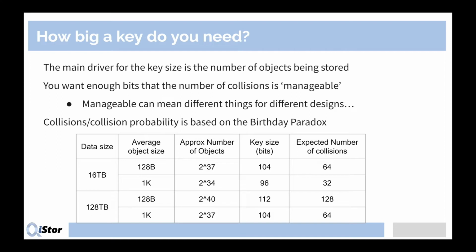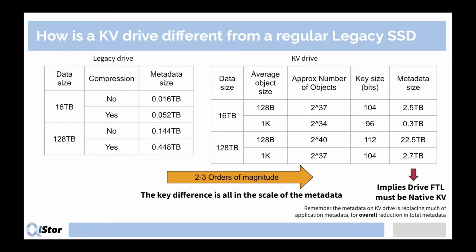And similarly, when you go to a larger object size, you have fewer objects. Theoretically, you can get away with a smaller key. And you can see the math continues. So if you have a large drive with small objects, you need a very, very large key. So this key size and the number of keys is what drives the metadata size. The same examples here show the metadata size.